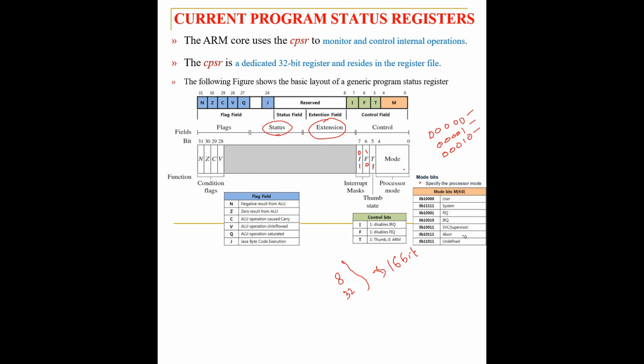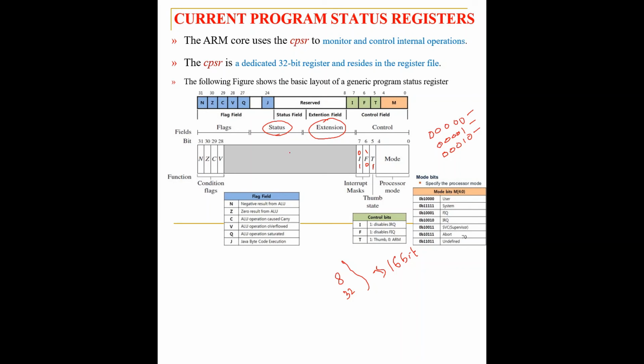The mode bits are explained here. For your curiosity, if you want to know the different 7 modes in which it is going to work: user mode, system mode, fast interrupt request mode, interrupt request mode, supervisor mode, abort mode, and undefined mode. We'll check these modes in detail.